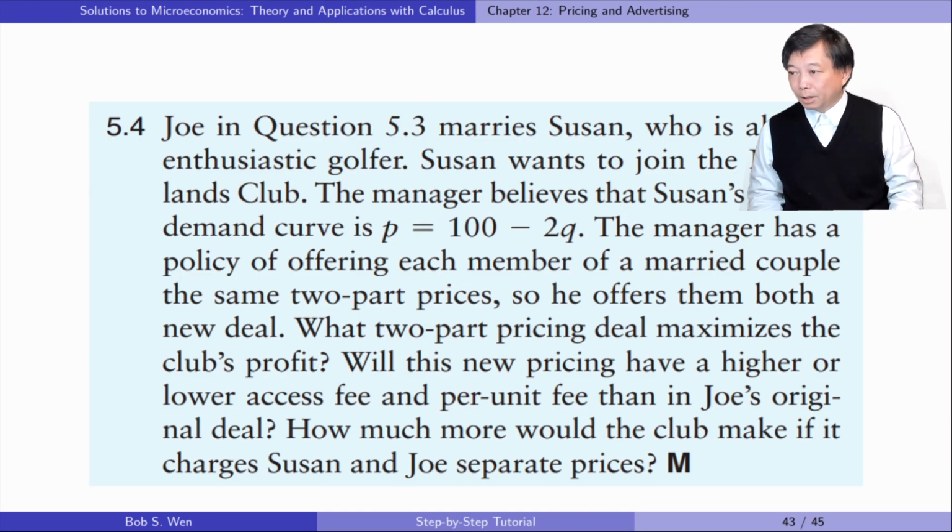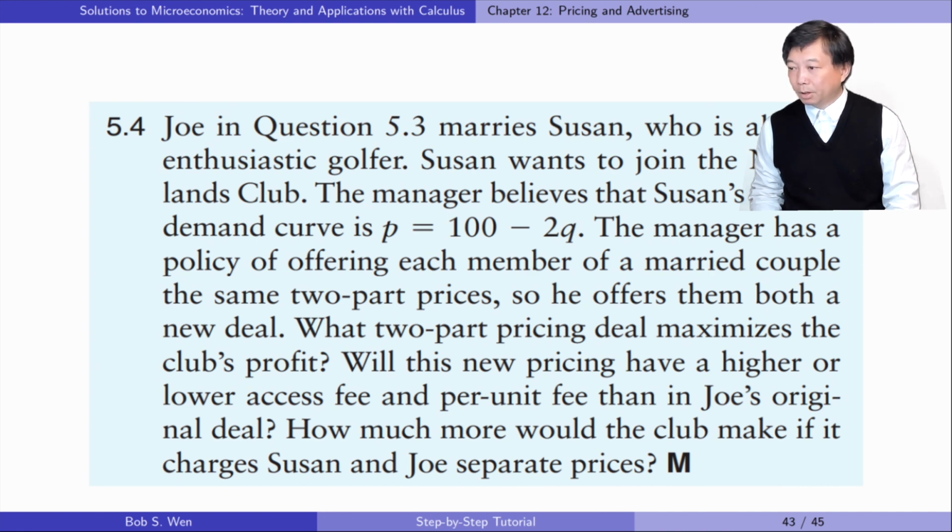Let's address exercise 5.4. Joe, in question 5.3, marries Suzanne, who is also an enthusiastic golfer. Suzanne wants to join the club. The manager believes that Suzanne's inverse demand curve is P equals 100 minus 2 times Q. The manager has a policy of offering each member of a married couple the same two-part prices.